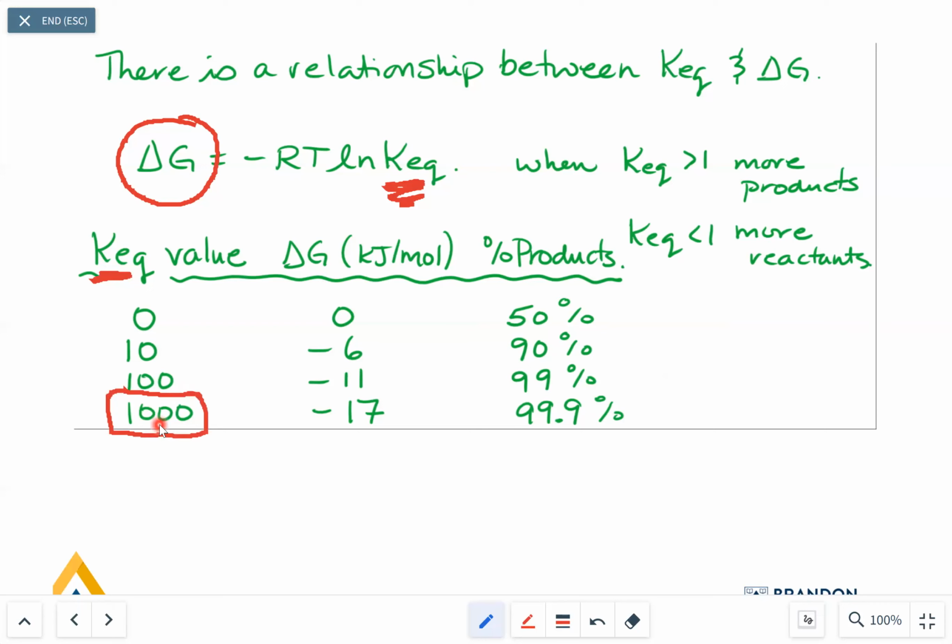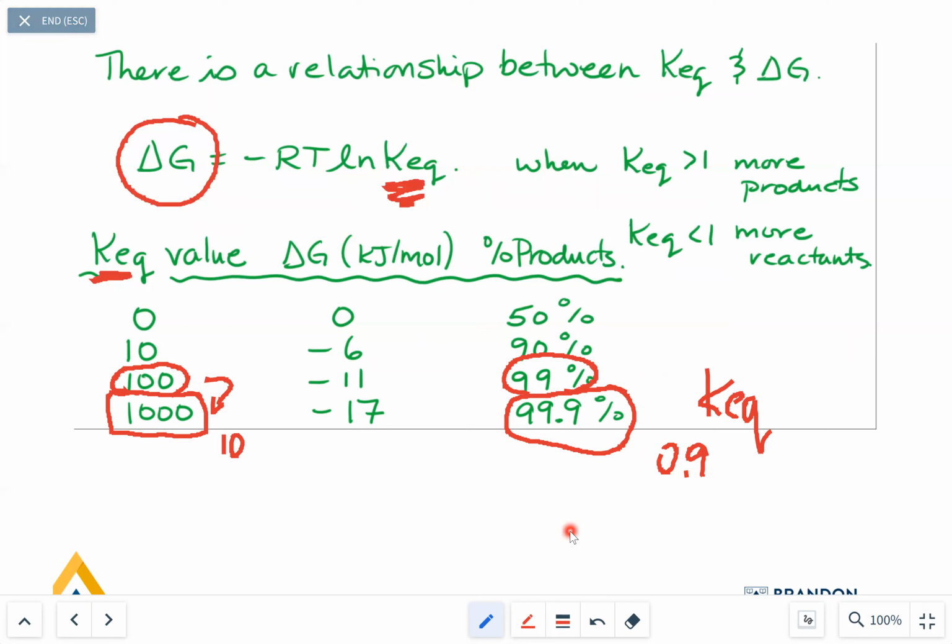If the equilibrium constant is 1,000, you're getting to 100% conversion. When it's 100, you're at 99% conversion. You notice that this goes up by a factor of 10, and this goes up by a factor of 0.9. As you get even higher, you're never quite reaching 100% truly, but in a practical sense, you're approaching 100%.